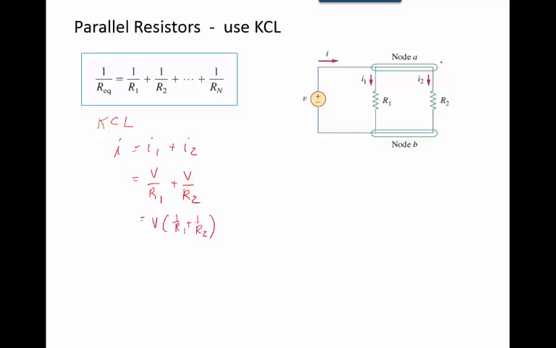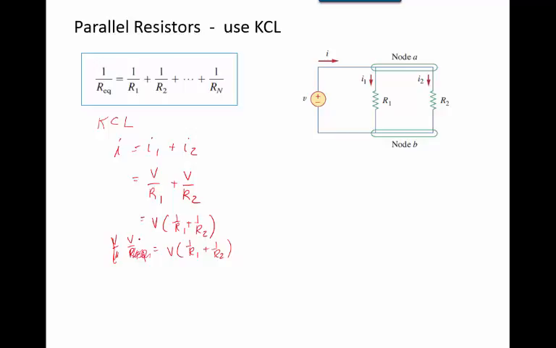And you can kind of see that if I had more and more resistors out here, it would just change the form of this equation, right? So on the equivalent side, if I were to do that as one equivalency, it's V over R equivalent equals V times 1 over R1 plus 1 over R2.